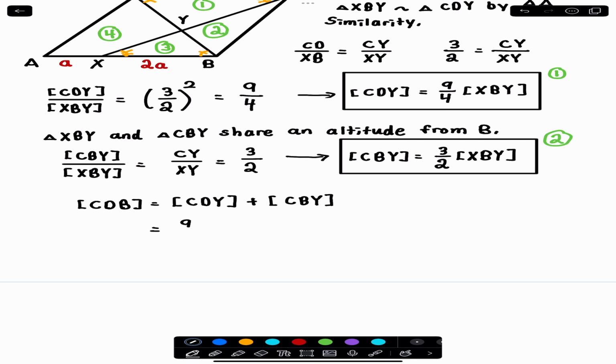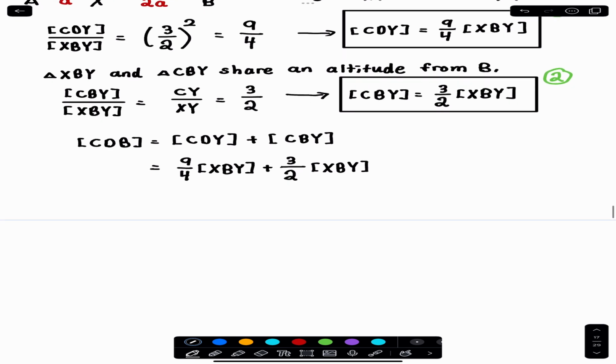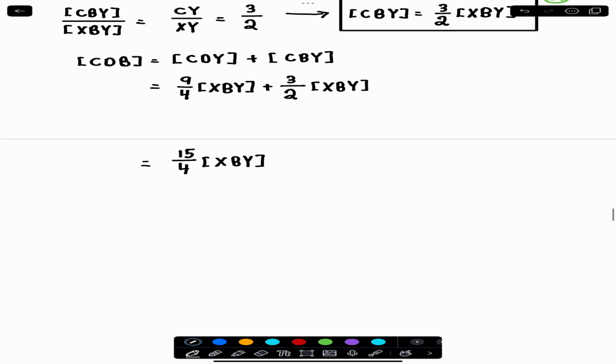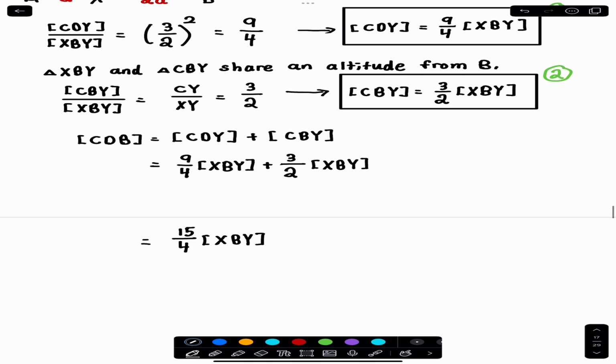Let's substitute what we know. That will be 9 over 4 times XBY plus 3 over 2 times XBY, which is equal to 15 over 4 times the area of triangle XBY.